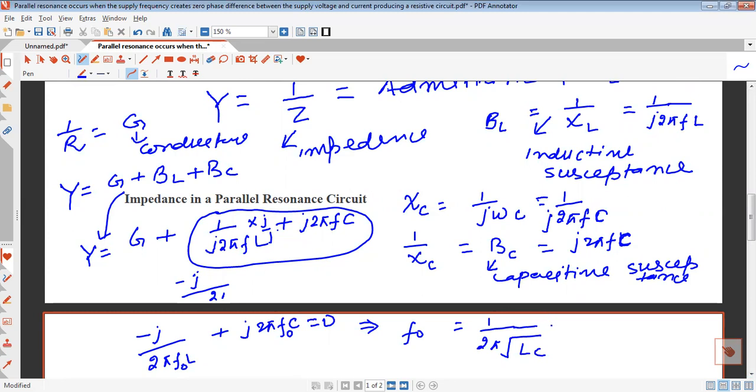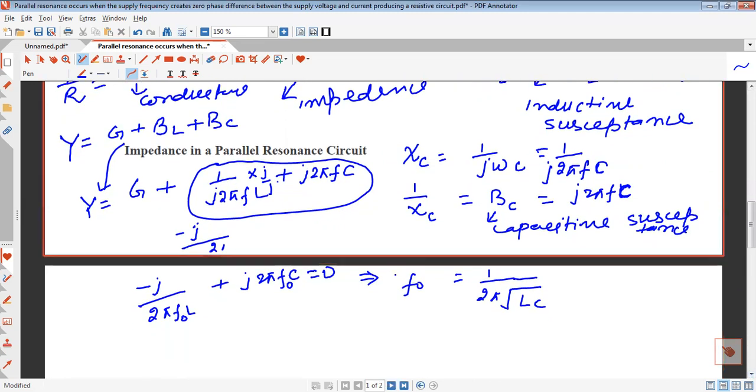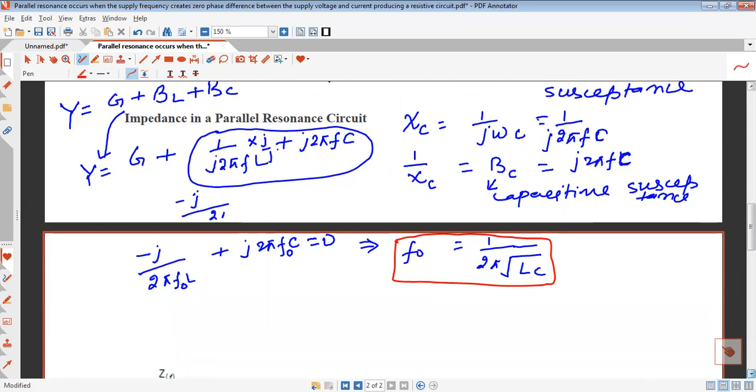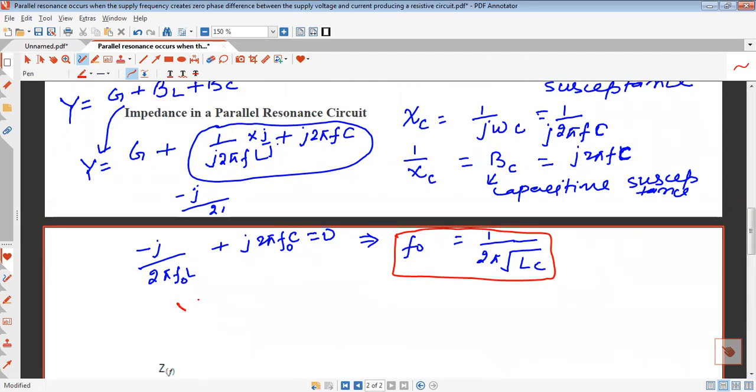This resonance frequency is the same as in the series RLC circuit. So there is no change in the resonance frequency for the parallel circuit, but there are certain changes we have to keep in mind. Here Y, the admittance, will be equal to G at parallel resonance, because the other portion becomes 0, and G is called conductance.